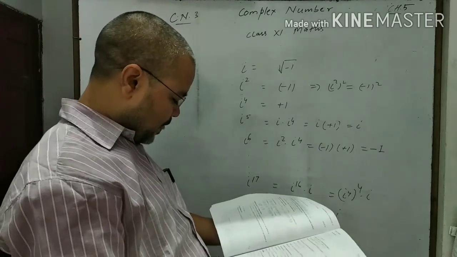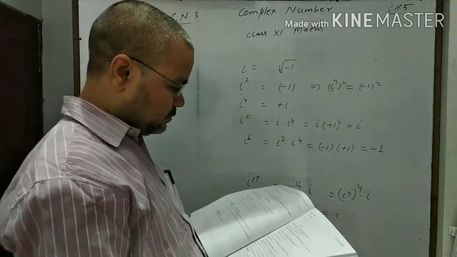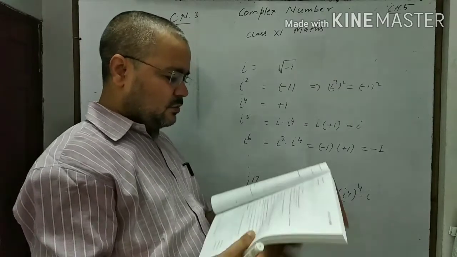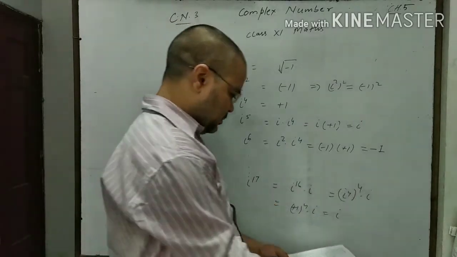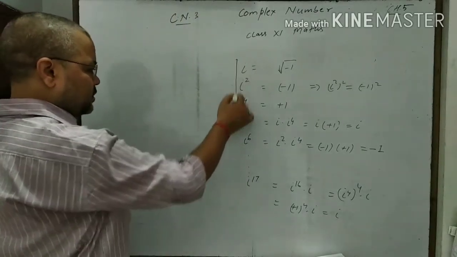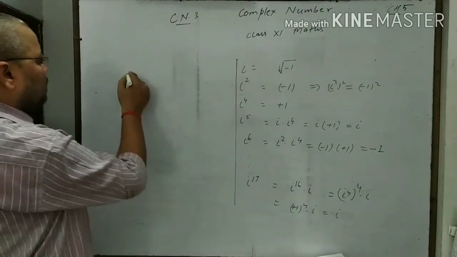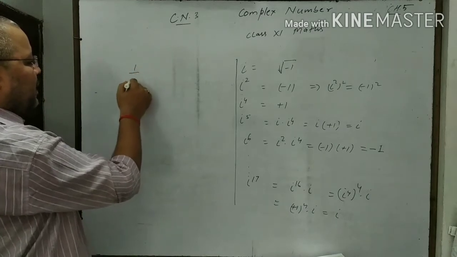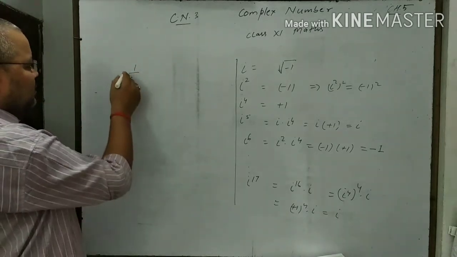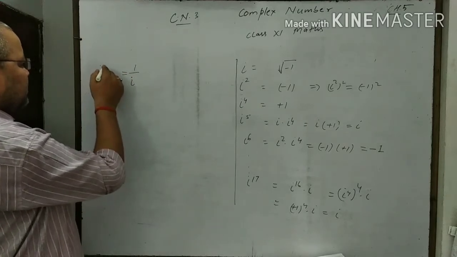Similarly, we can also get the inverse of i. Let us see the inverse of i. Here 1 by i can be written as i inverse.